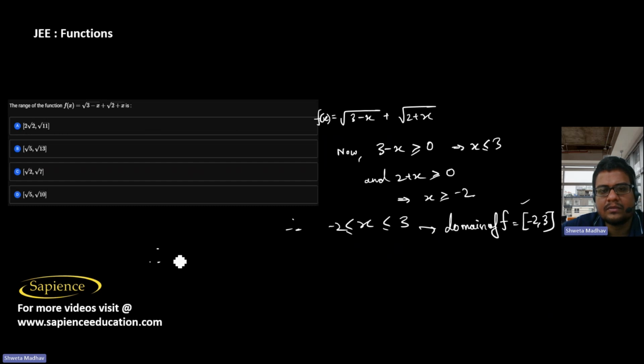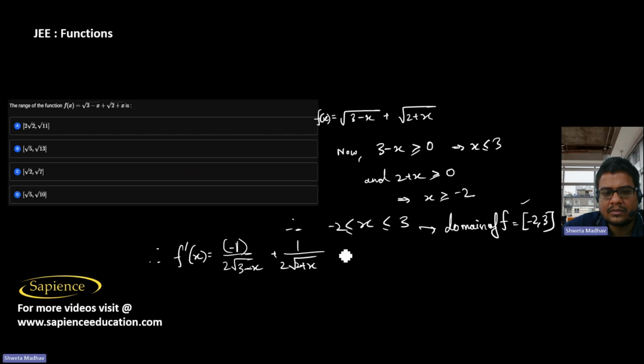So therefore we can find f dash x, that is equal to d by dx of this, which is 1 by 2 root over 3 minus x into minus 1, plus 1 by 2 root over 2 plus x into 1. So this will be equal to 1 by 2 root over 2 plus x minus 1 by 2 root over 3 minus x.